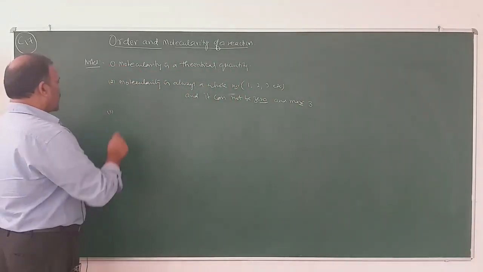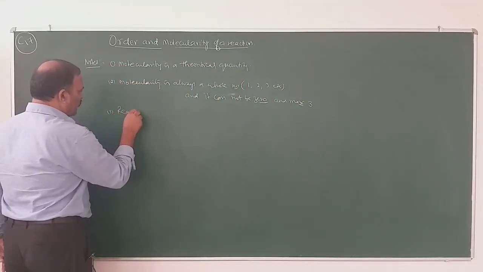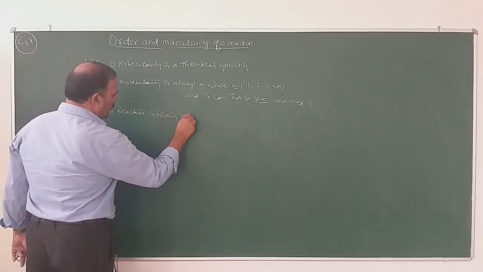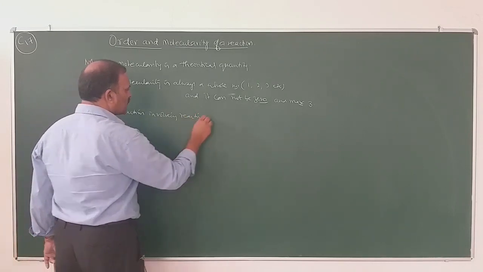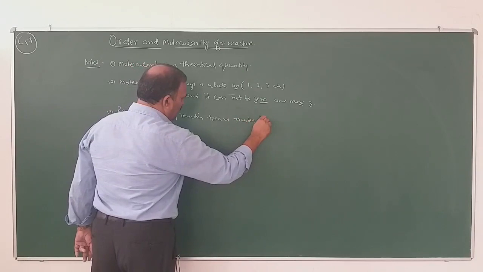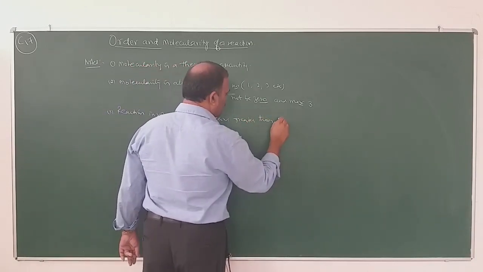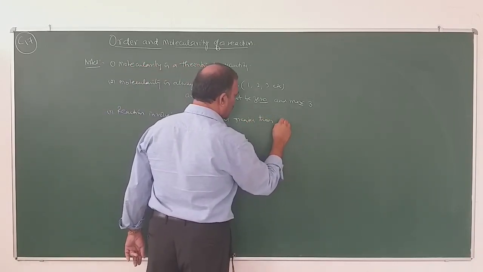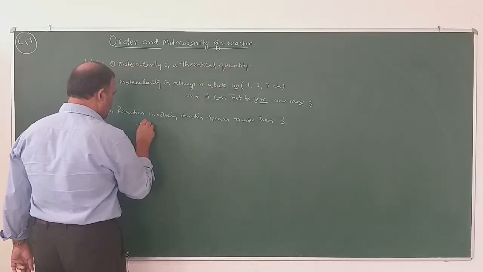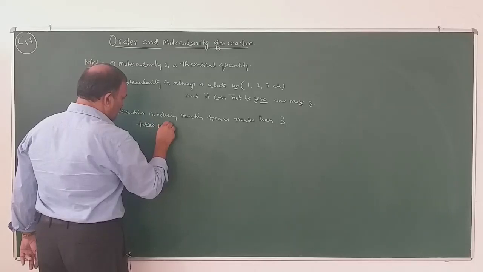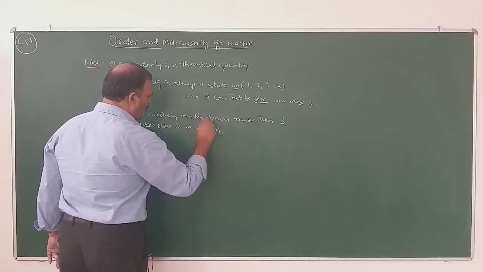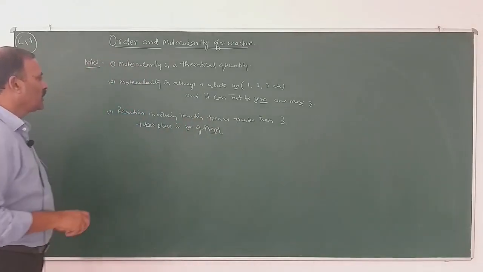So reactions involving reacting species greater than 3 take place in a number of steps.